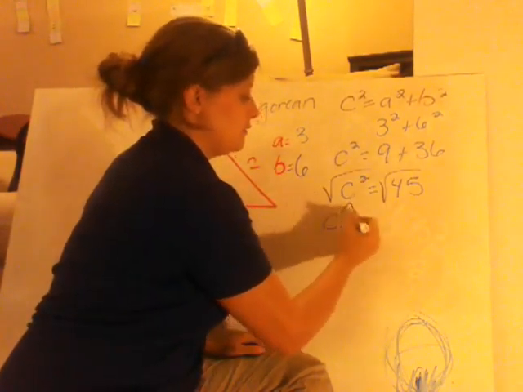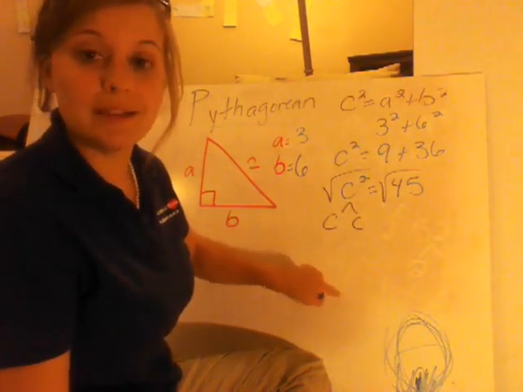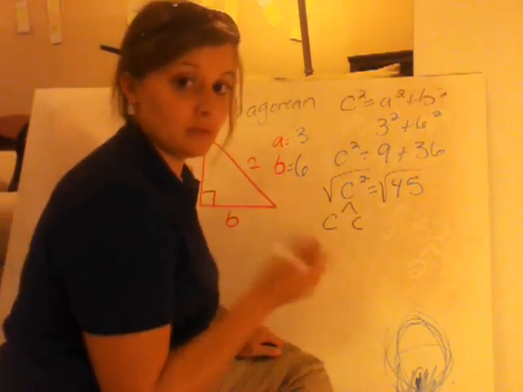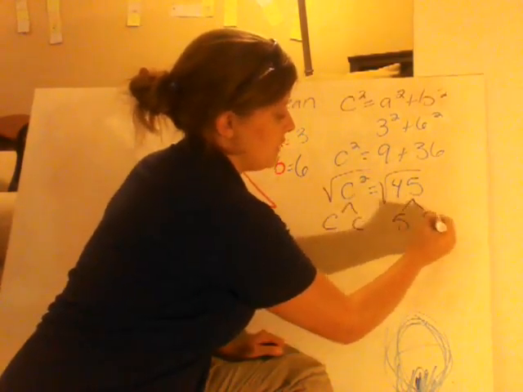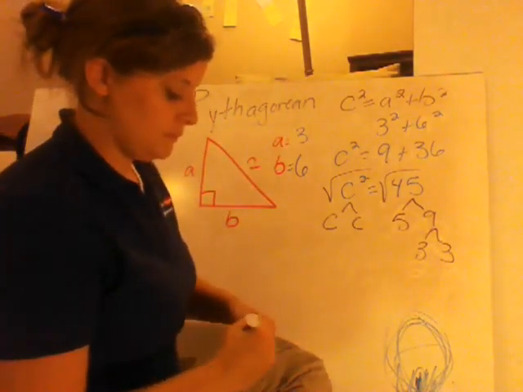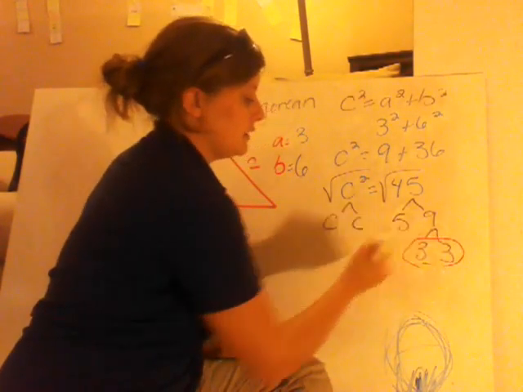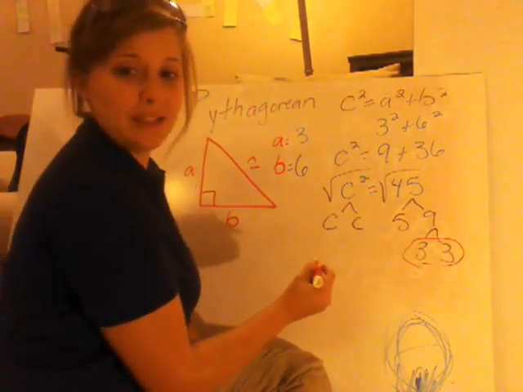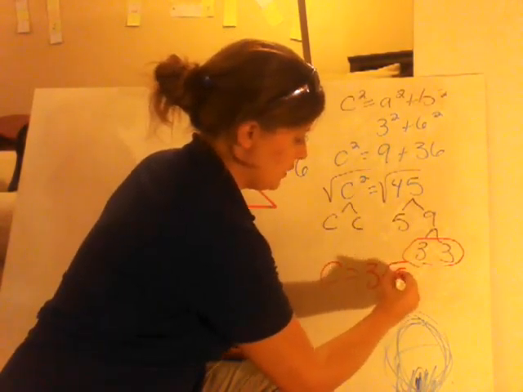I'm just pounding this in because it should be 1 C. I should always see C equals something. 45 is 5 times 9, and 3 times 3. So my final answer, I've got a pair here and a single one up here. He's lonely. Equals 3 square root of 5.